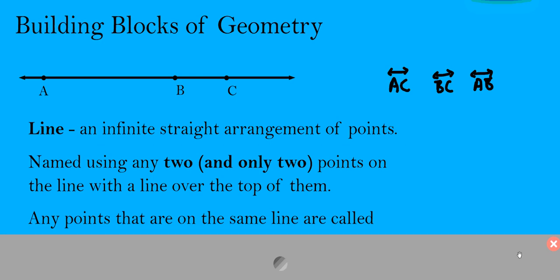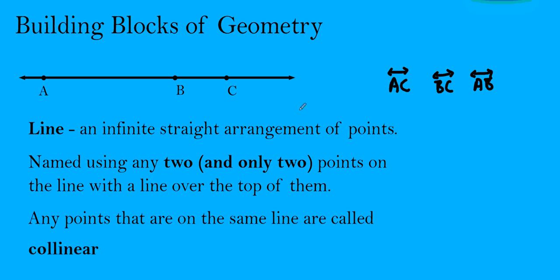And if you've got any points that are on the same line, they're called collinear. All of those points, A, B, and C, are collinear. Points, let's make that a D, not a B. Points A, B, C, and D are not collinear because you can't draw one line through all of them.